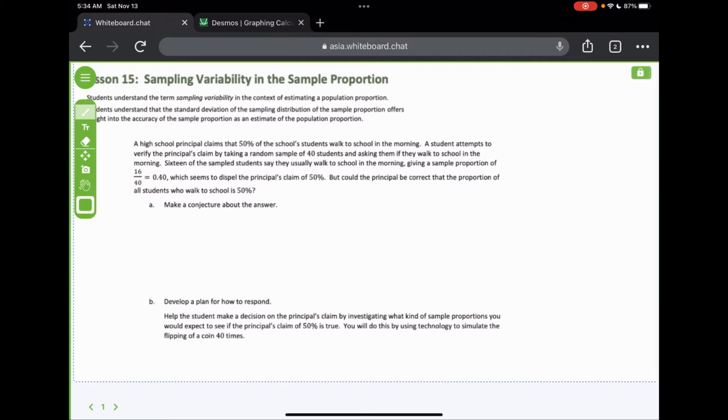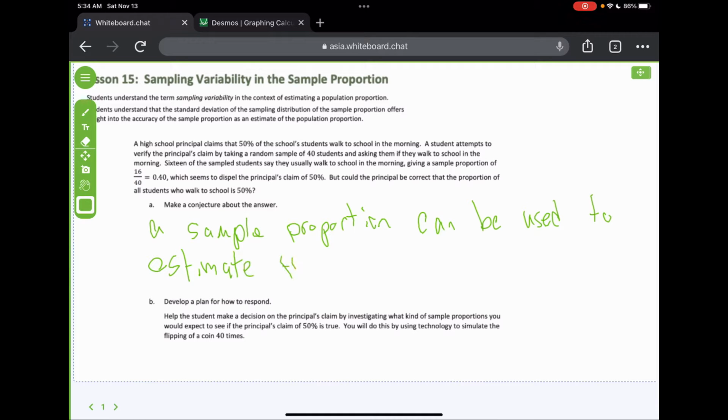Our conjecture would be that a sample proportion can be used to estimate the population proportion.